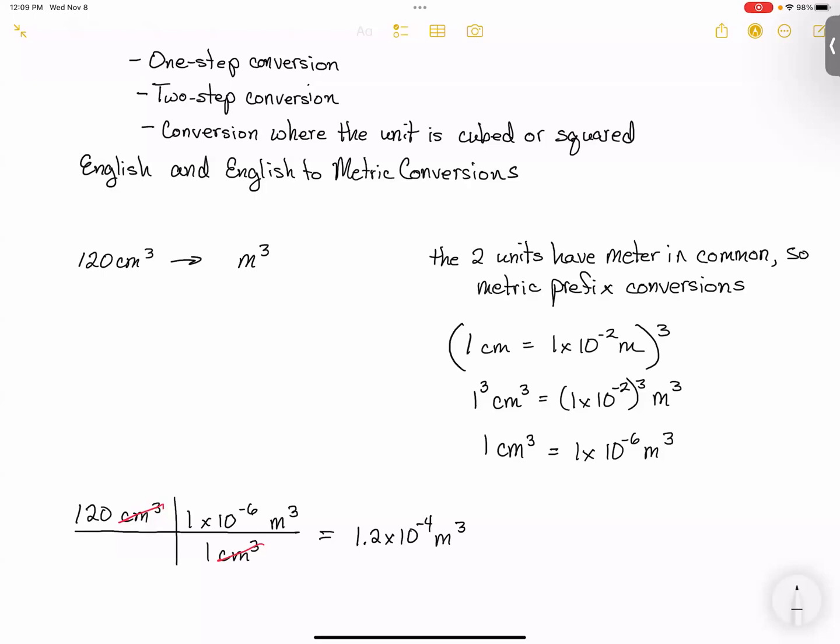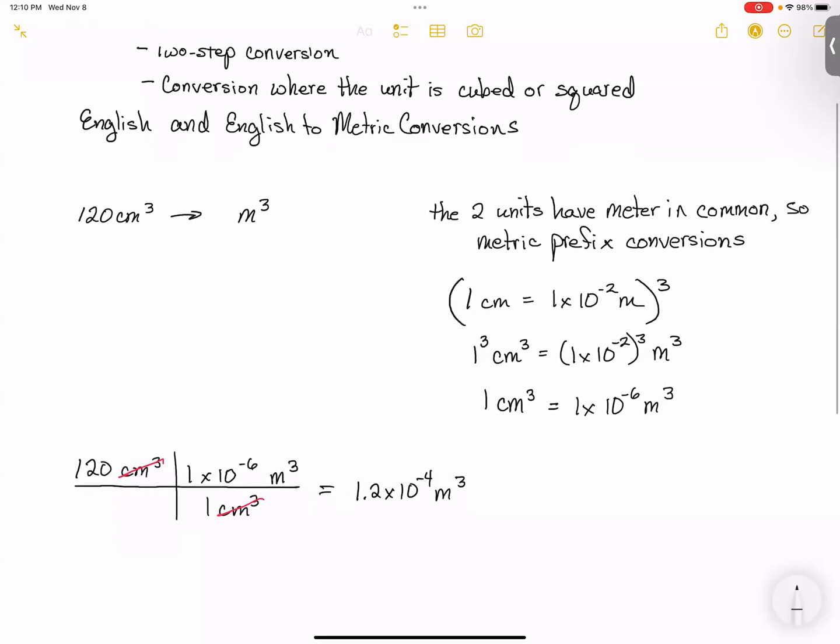But you can't just use that conversion factor the way it is written, because you're working with cubed centimeters. So we had to cube the entire conversion factor so that we had centimeters cubed. Once we cubed the entire conversion factor, then we plugged it into our calculation to get the answer. Questions?